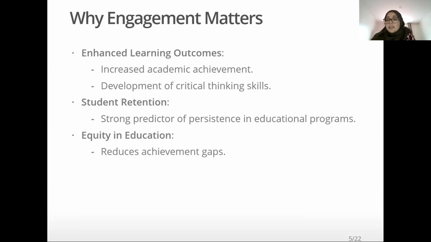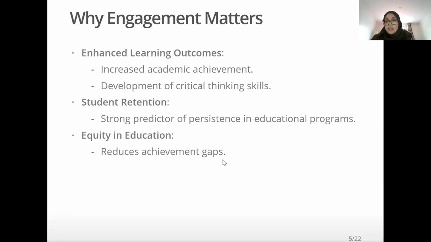Why engagement matters, very briefly: it's been primarily linked to positive learning outcomes. Research consistently shows that engaged students achieve more academically and develop more critical thinking skills. What's important as well is that it affects student retention, and it's one of the strongest predictors of whether a student will persist in their studies.